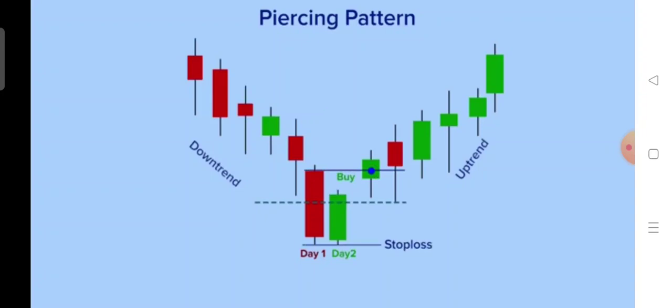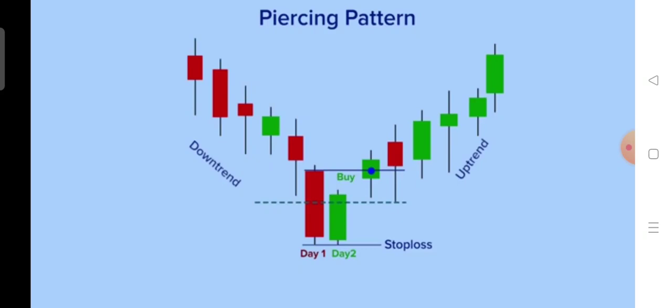Now here you have to remember these things very clearly. The criteria is that the second candle's body should open below the body of the red candle and should close above the 50% of the body, not 50% of the candle.